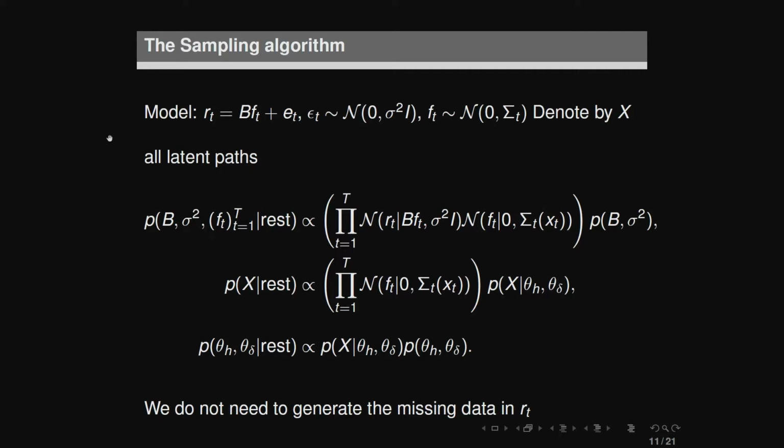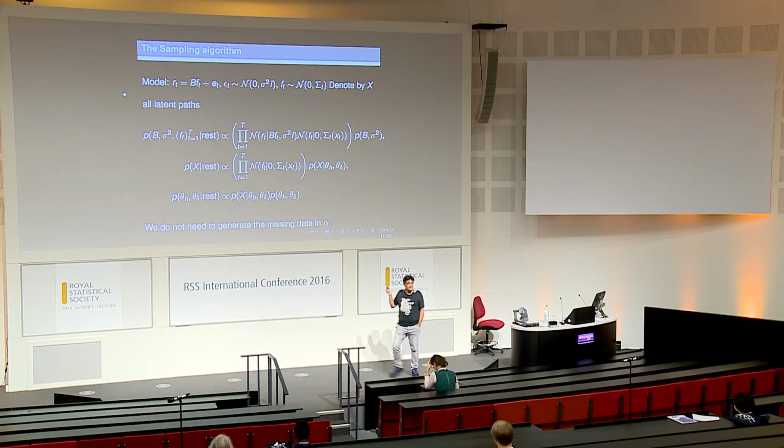So let me go through that. Assume that I want to do an MCMC algorithm, and that I will be using this model. This is the more general model. F of t are the multivariate stochastic volatility latent paths, so f of t follows a multivariate stochastic volatility. Sigma t varies in the way I just described, and B is a factor loadings matrix.